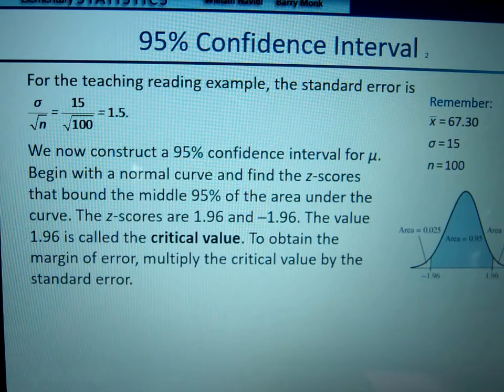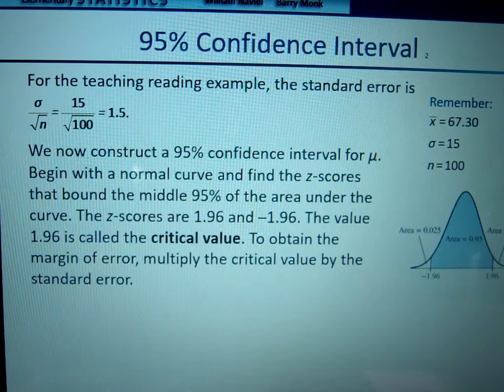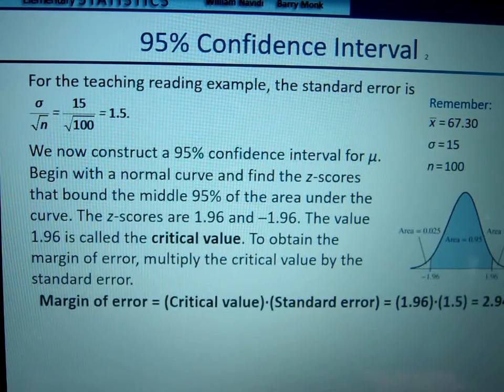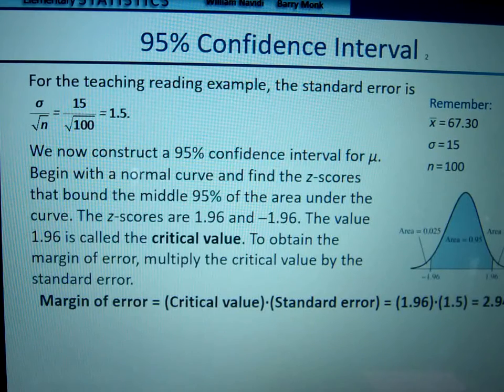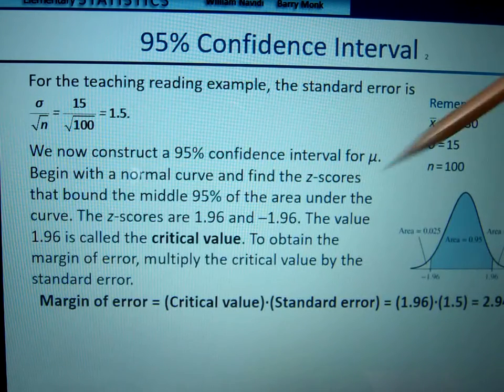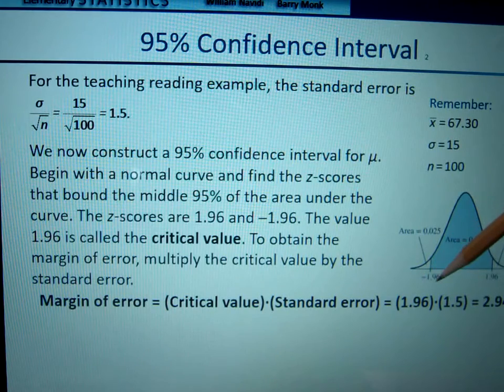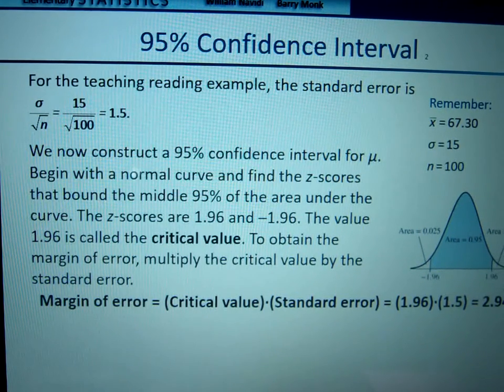To obtain the margin of error, we multiply the critical value by the standard error. And this is our standard error. So margin of error equals our critical value times our standard error. So 1.96 times 1.5 is 2.94.